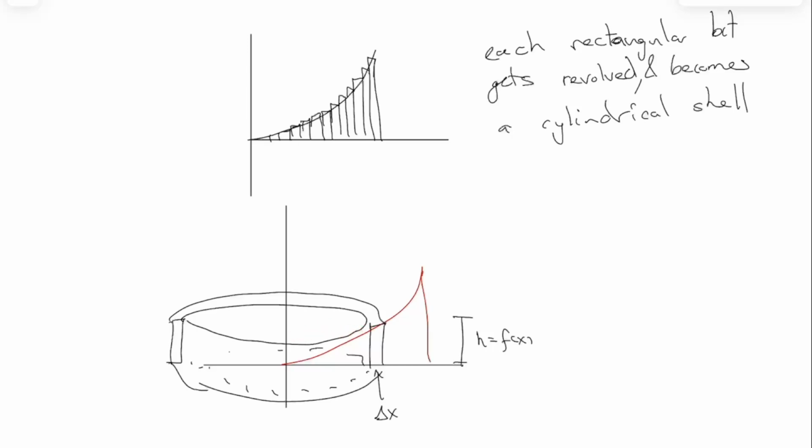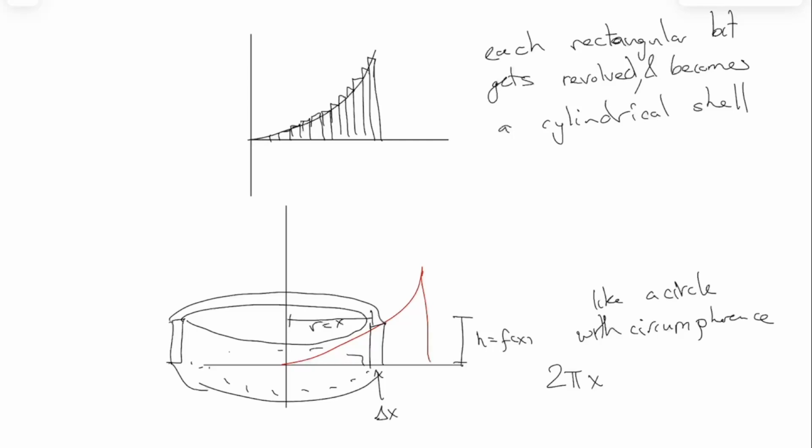So this shape is like a circle with circumference 2 pi r. But the radius that I'm measuring here is just equal to the x that I'm considering at any given point. So it's like a circle with circumference 2 pi x.